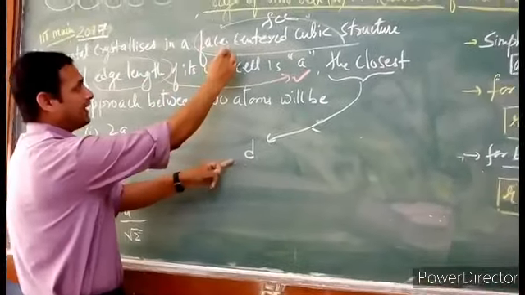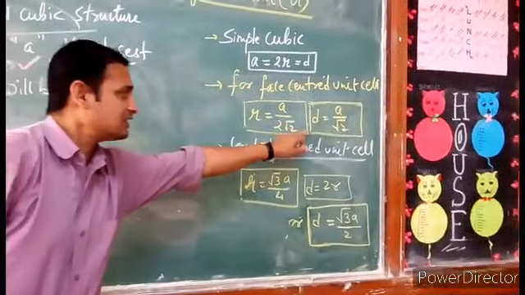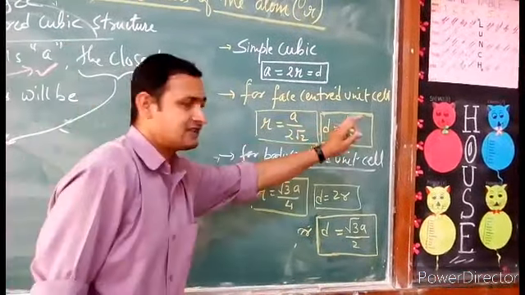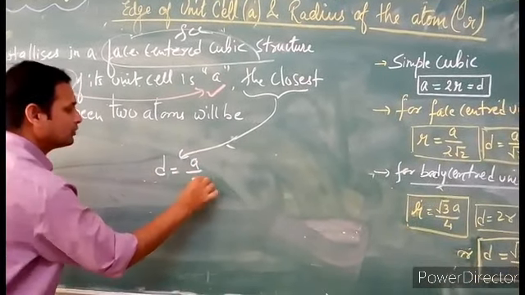So for FCC, the distance and edge are related by the formula D is equal to A by root 2.